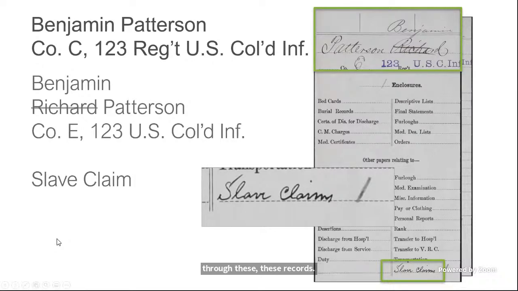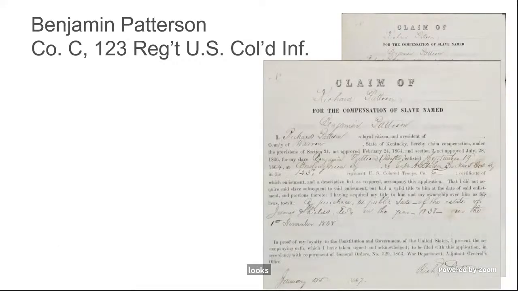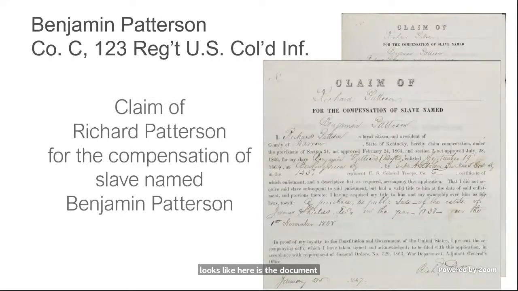Okay, let's go look at what this slave claim looks like. Here is the document, and I've blown up a portion of it for you. It is a claim of Richard Patterson for the compensation of Benjamin Patterson, who was drafted.